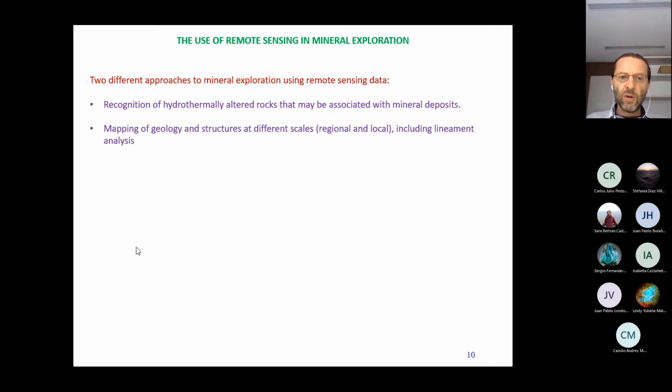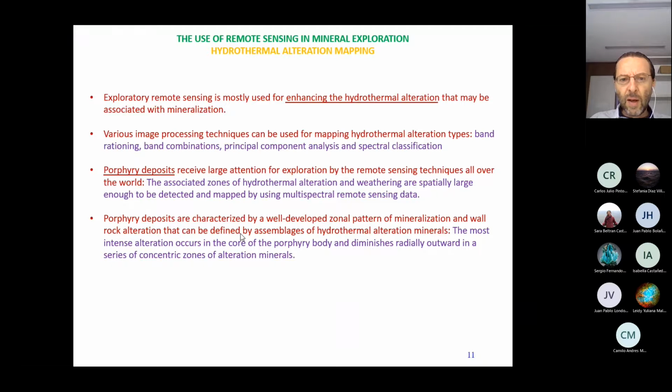So let's go into, first we'll look at the hydrothermal aspect. So here is a bit of text. What we do, we try to find what's called hydrothermal alteration. Now, I'm fully aware that you haven't taken an economic geology course, so I'm using some words here and I want to explain them. There are many types of mineral deposits.